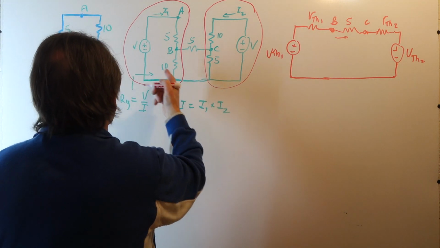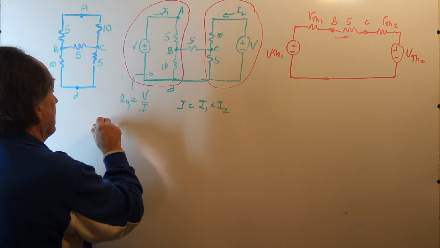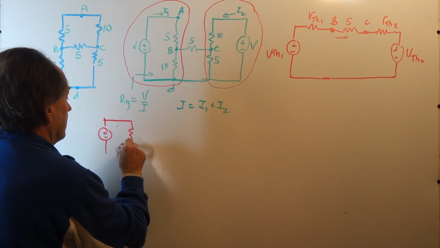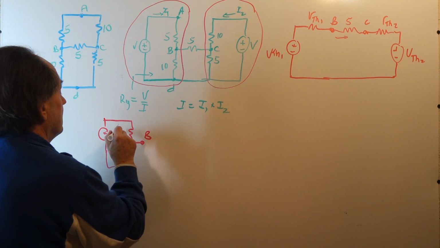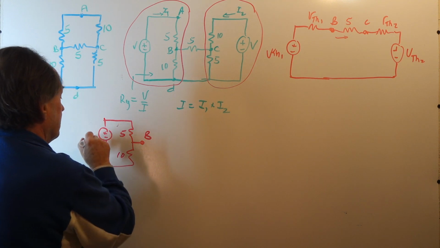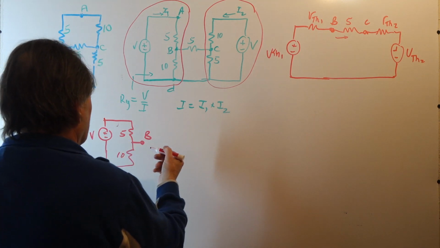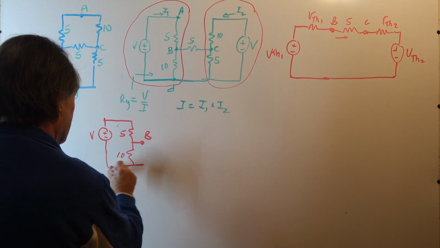The Thevenin equivalents, our first network, is this. This is node B, this is 5, this is 10, this is V. So the Thevenin equivalent looking in, the first thing is we look at the open circuit voltage to get VTH.